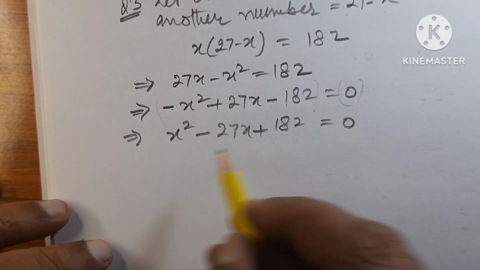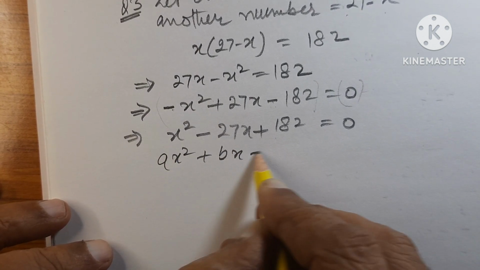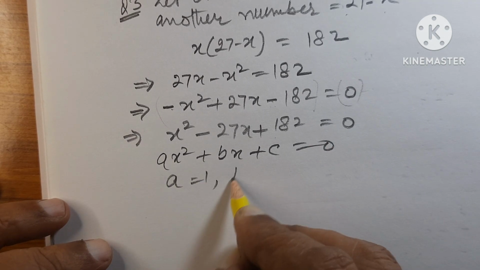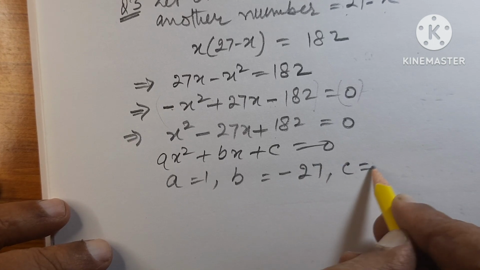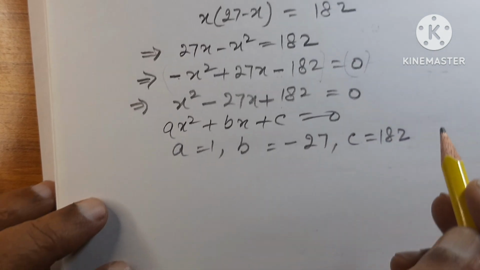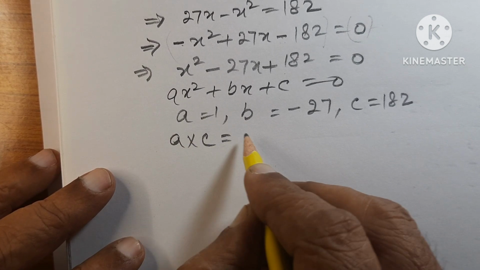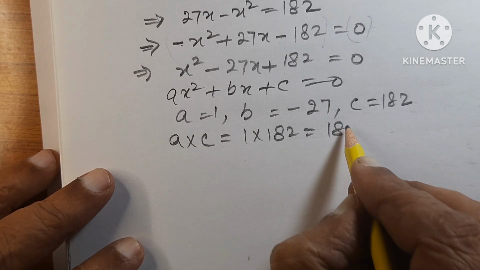So we find the standard form ax square plus bx plus c is equal to 0, where a is equal to 1, b is equal to minus 27, and c is equal to 182. So a into c is equal to 1 into 182, which is equal to 182.